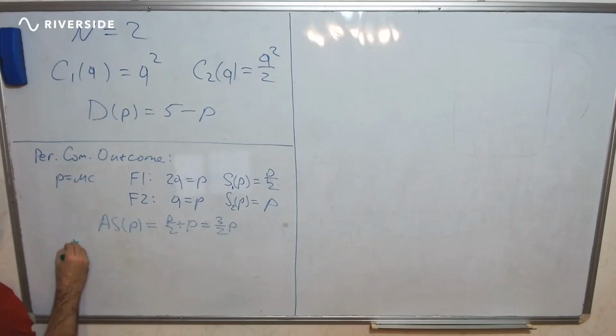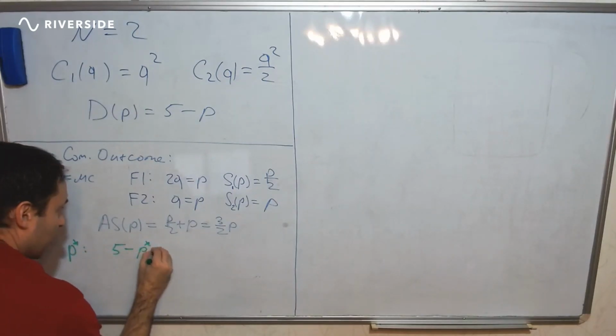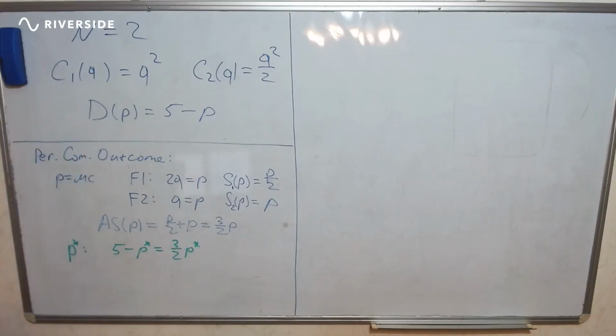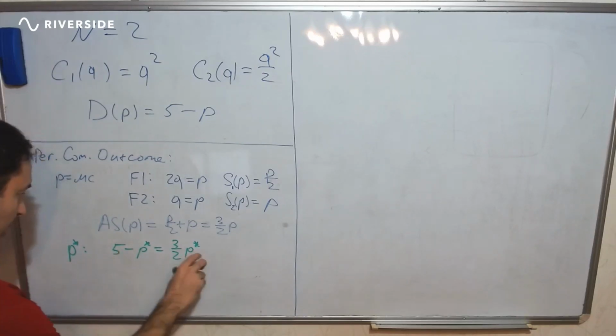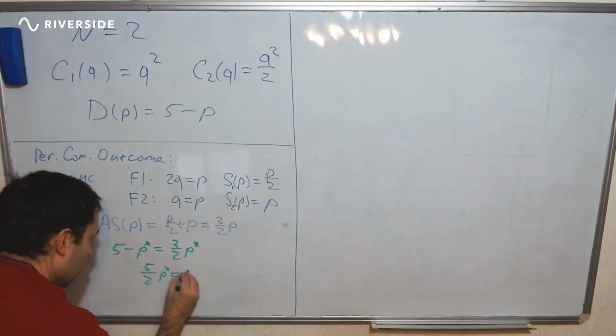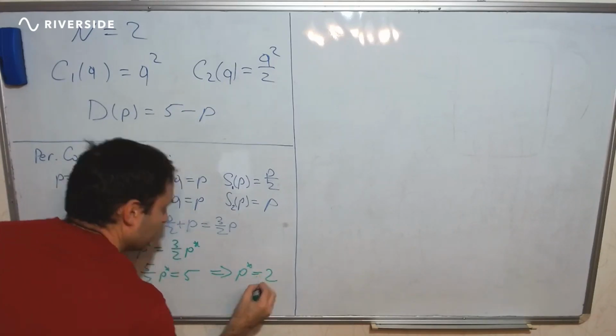For P star, we have 5 minus P star equals 3 over 2 P star. Then we get 5 over 2 P star equals 5, and from here P star equals 2.